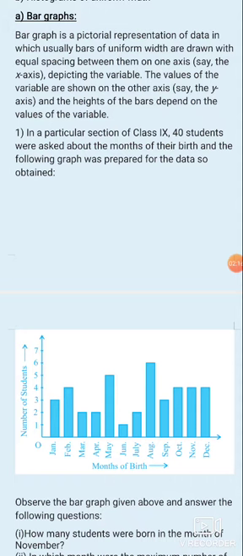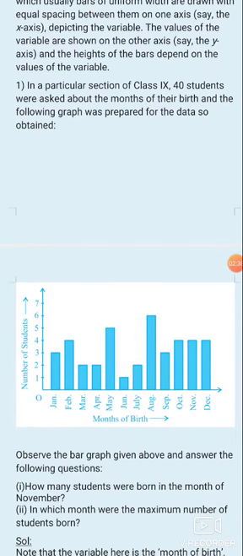How many students were born in the month of November? When we check this bar graph for November, and look at the y-axis, it is given as 4. So the total number of students born in the month of November is 4.